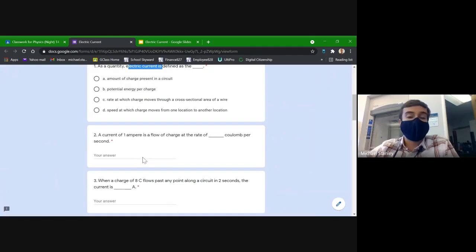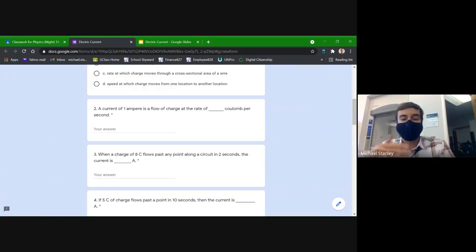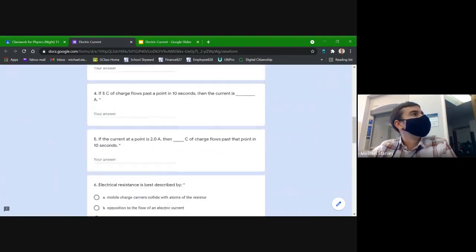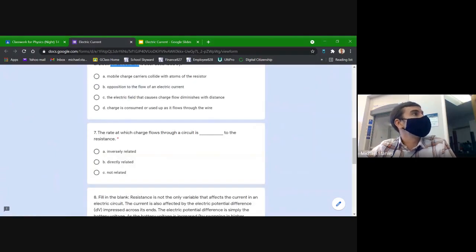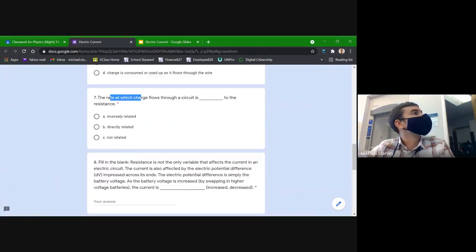It has some of those questions that we were going over in the first part of class about how to figure out what your current is if you know how many coulombs you have going through or how much time those charges spend passing through. You have some questions about defining things like resistance and how resistance is related to the current.